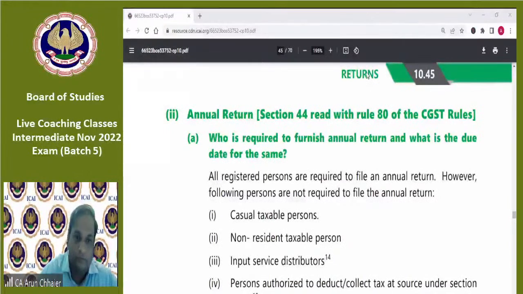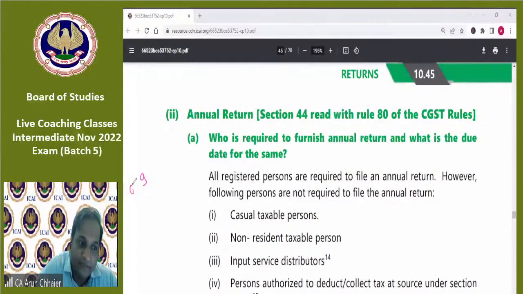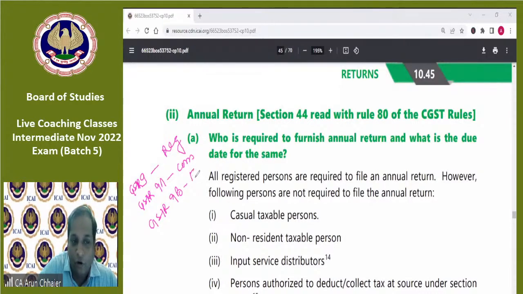Annual return, section 44, read with rule 80, there are 3 annual returns. According to section 44, the form number is GSTR 9, GSTR 9A for composition, GSTR 9 for regular, and GSTR 9B for e-commerce operator.